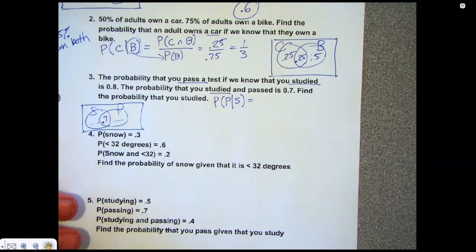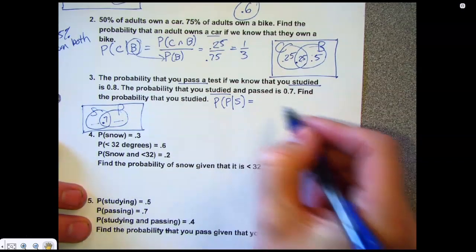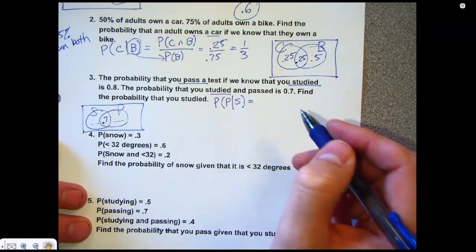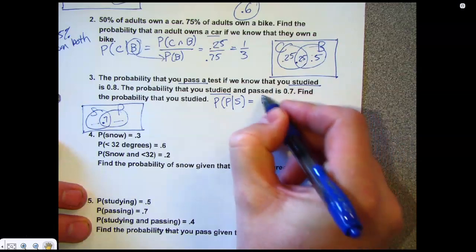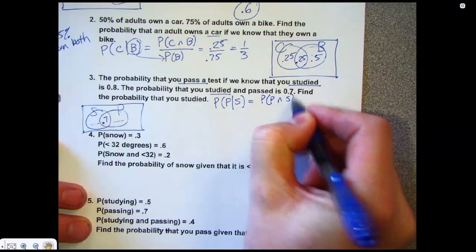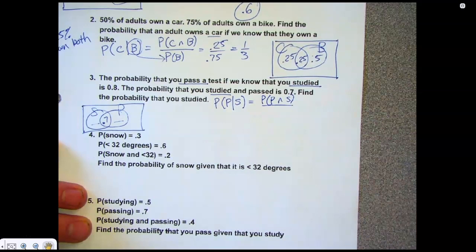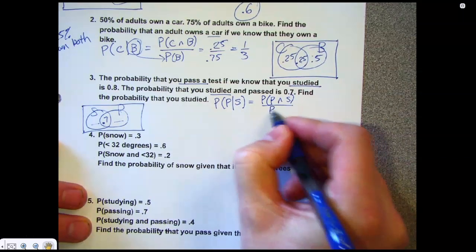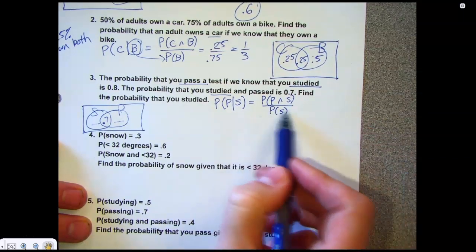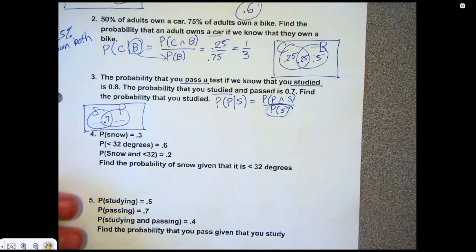What would go on top of the formula? Passed and studied. And what would go on the bottom? The part we know, the study, right? Well, this is what we're looking for. So it's a little bit backwards. So I gotta plug in the formula and work it the other way. And I know 2 of those 3 slots, it's just not the 2 that I'm used to doing.